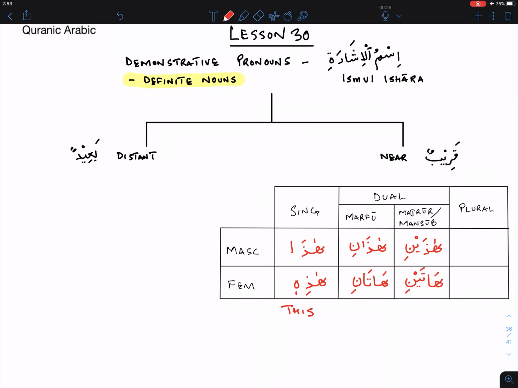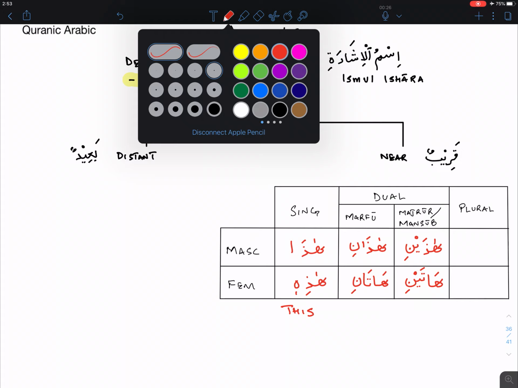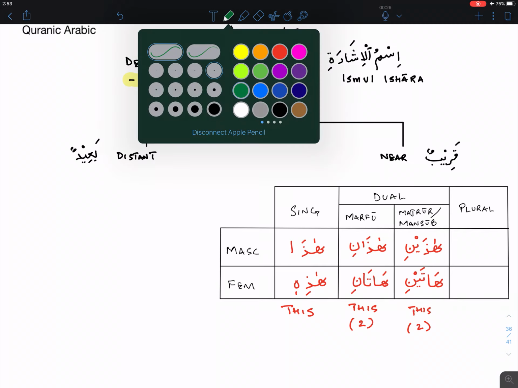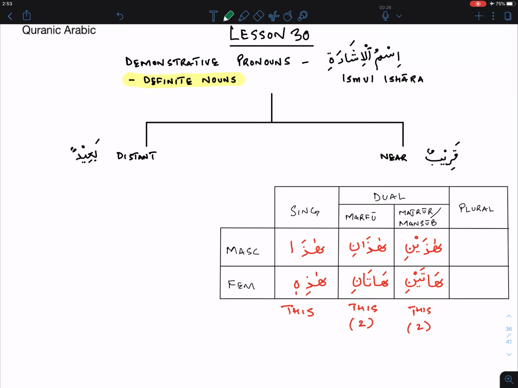And the last one is for the plural. Before I go there, this is also "this", but it's for two people or two things, and this again is for the same two. And here the plural is going to be green because it's common: هؤلاء.